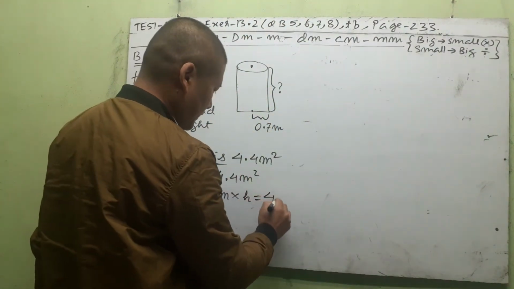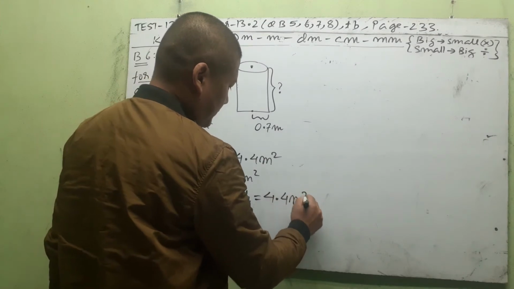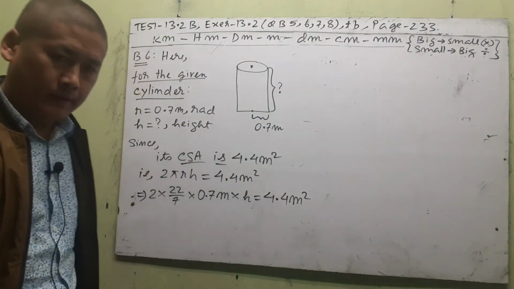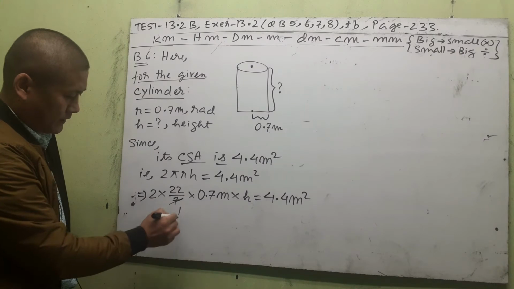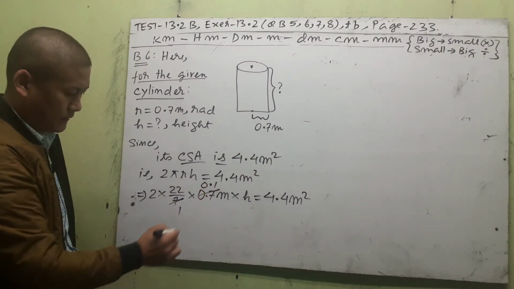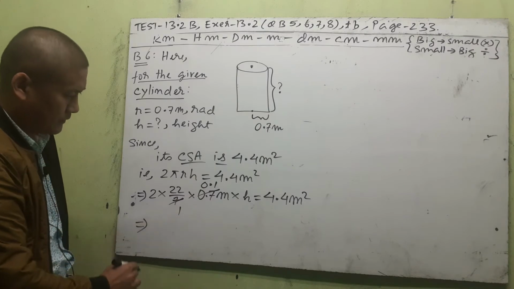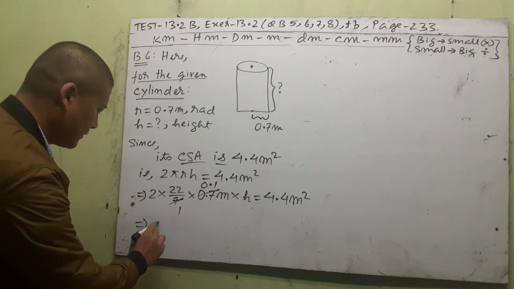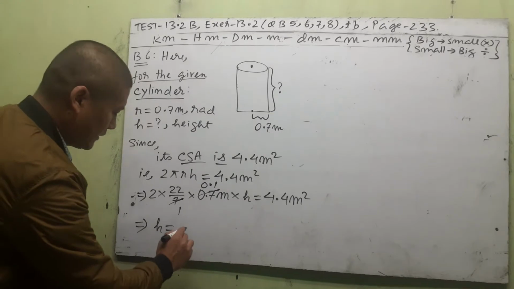Equal to the same thing, 4.4 meters square. Hope you're getting it right. 7 ones are 7. Here 7 zeros are 0.7 ones are 7. So that gives you h, you can just write down, don't shift that.